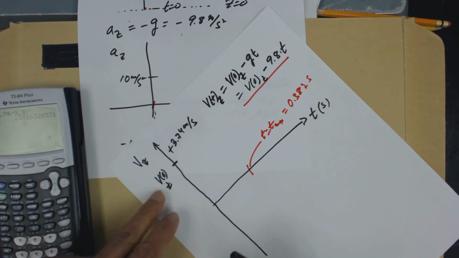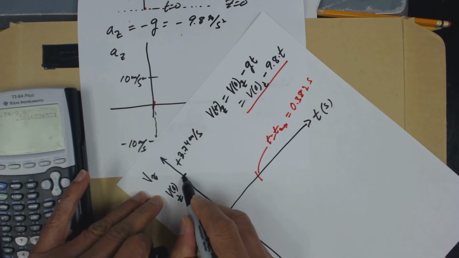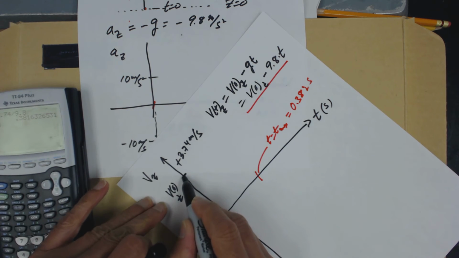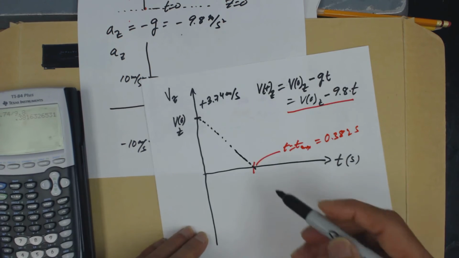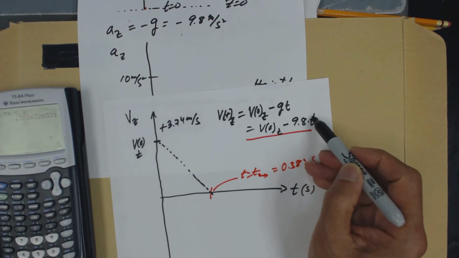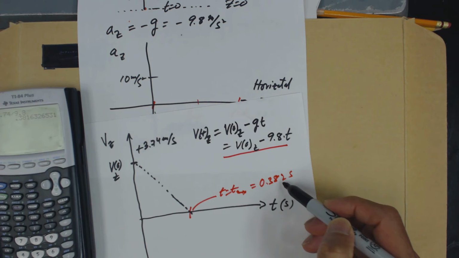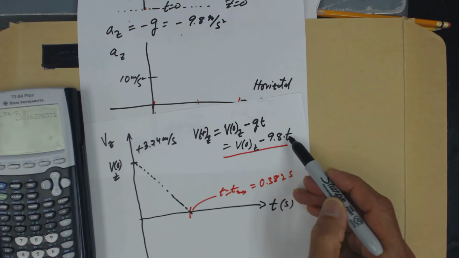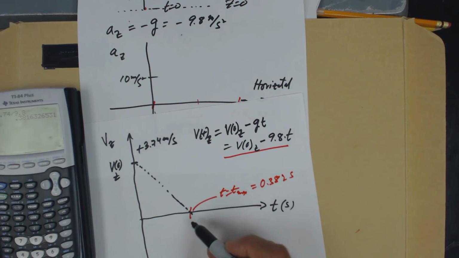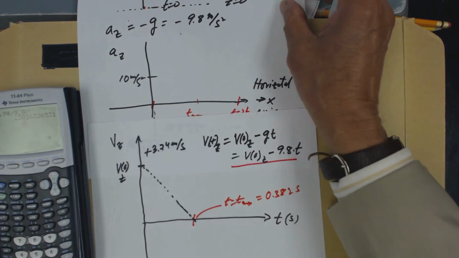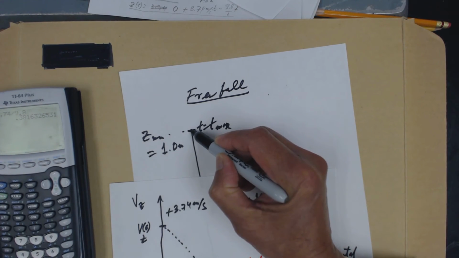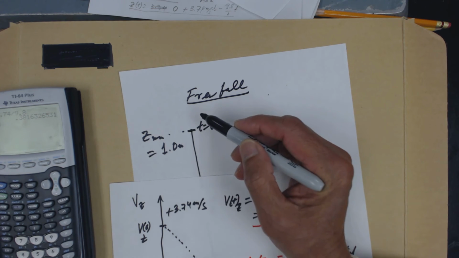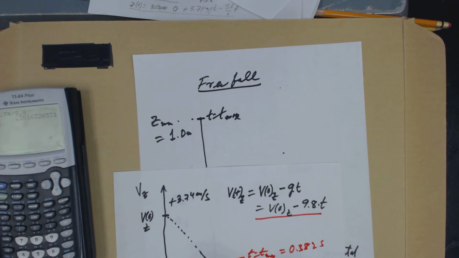So velocity started at 3.74 meters per second. As time goes on, velocity comes down until exactly t equal to 0.382 seconds. The object comes to a halt. The object is up here, it has reached the maximum point. It's not moving up anymore, it's not moving down anymore. At that instant velocity is 0.